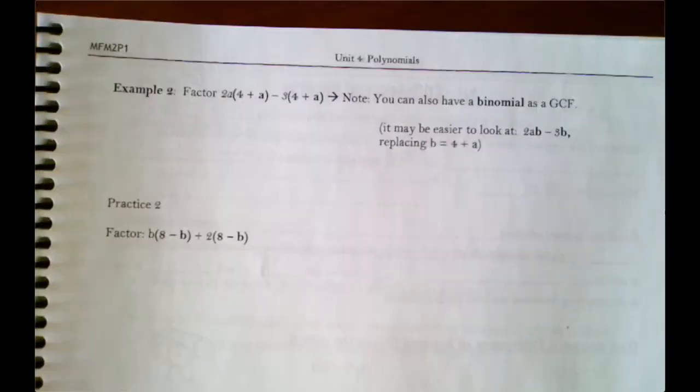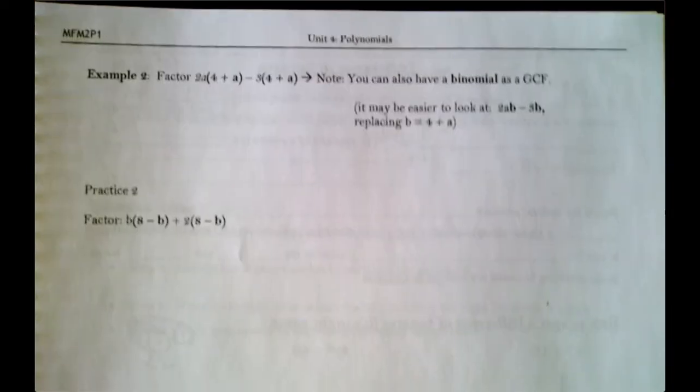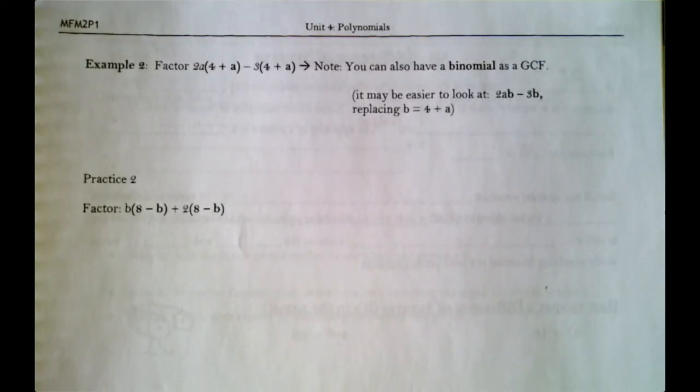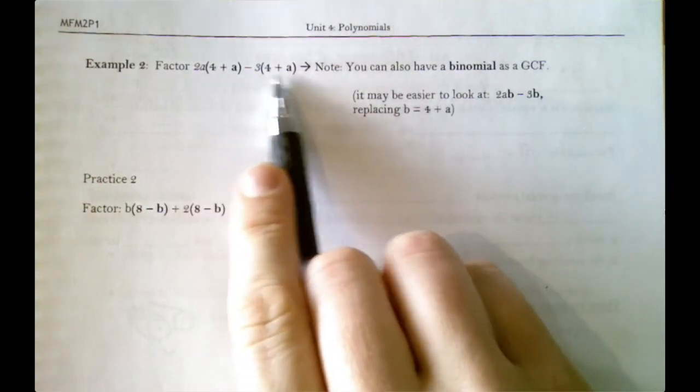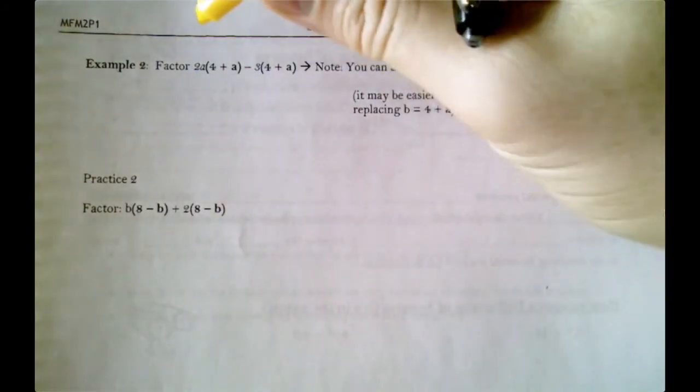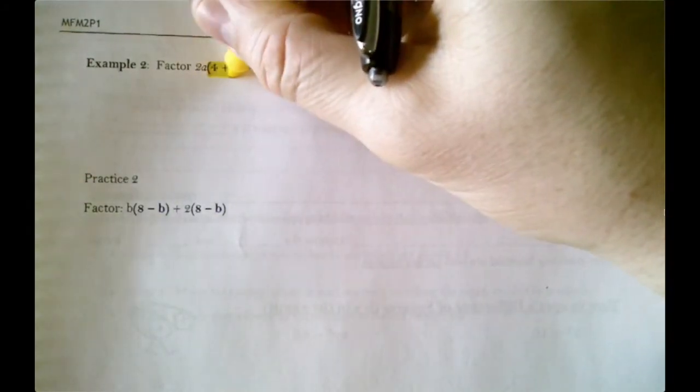Let's flip the page over. Now in our last example, our common factor can actually be a bracket, a binomial. And if we look here, we have two terms. We have 2a with a bracket, and we have minus 3 with a bracket. The bracket is what's common to both terms.